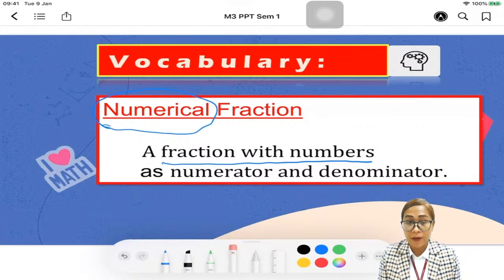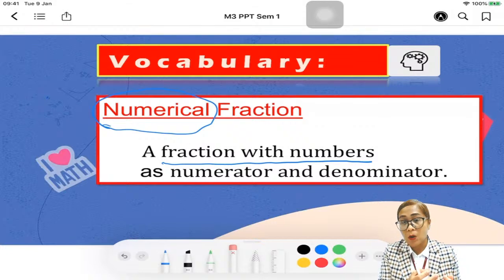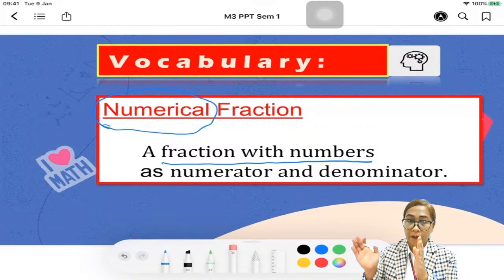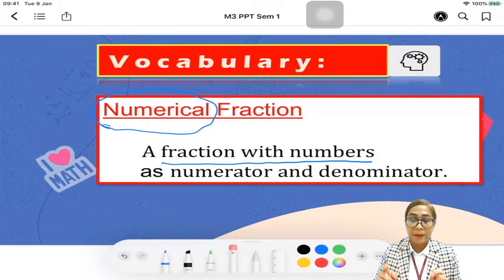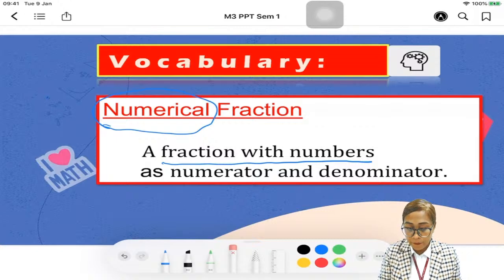Algebraic fractions are fractions composed of expressions involving numbers, maybe letters, and so on, while numerical fractions are fractions with numbers. Examples of numerical fractions are 1/2, 2/3, 3/5, or it can be 1/1,000,000.